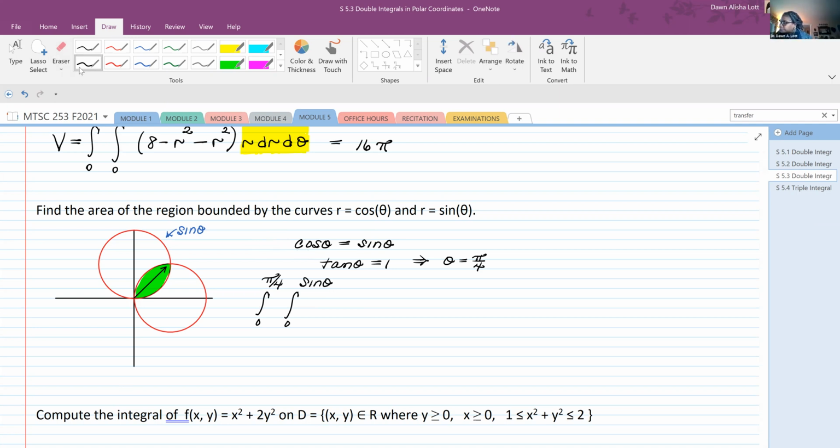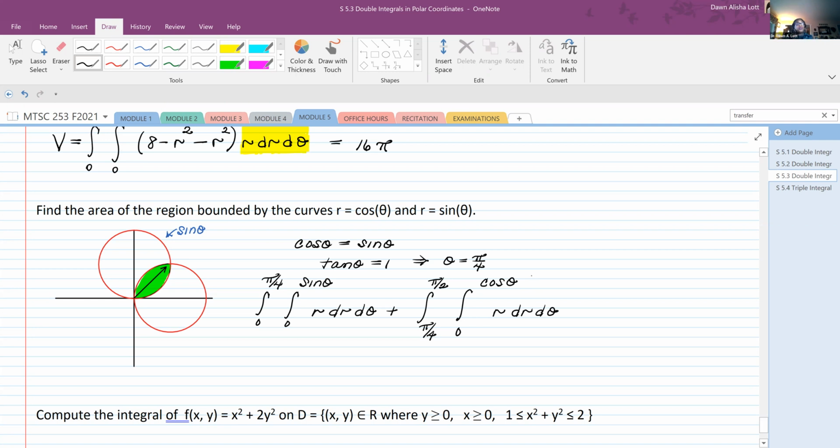You're so welcome. So you get dA, which is r dr d theta. You can either do twice that area because the areas are the same, or you can do the second part, which is the integral from pi over 4 to pi over 2, and r goes from 0 to the cosine of theta, r dr d theta.